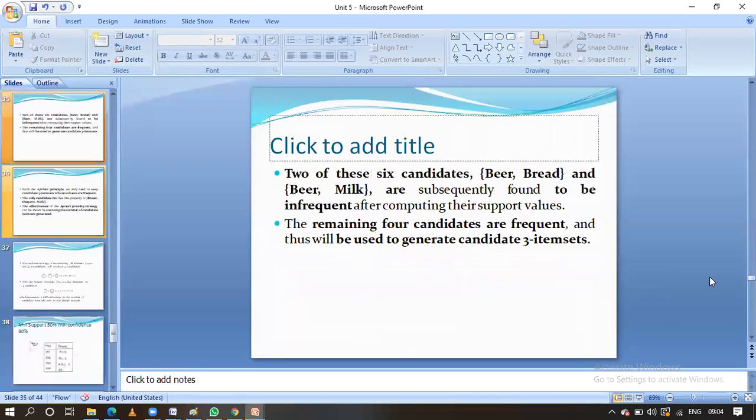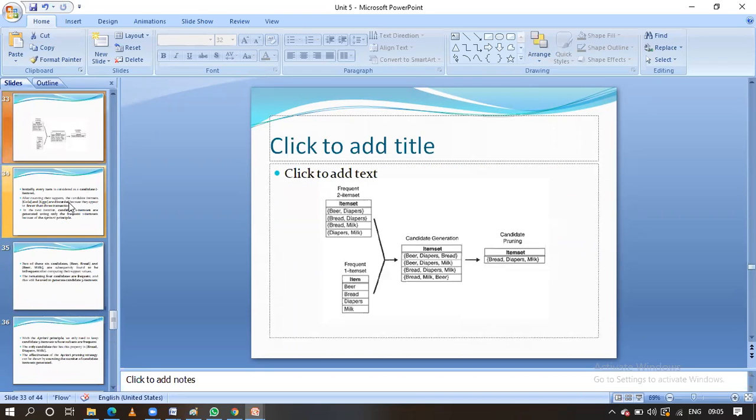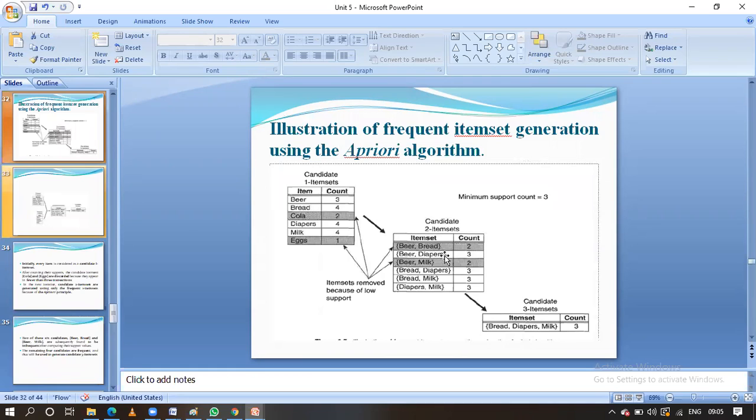The next one is here, beer and bread. In the candidate two item set, out of six item sets, beer and bread, beer and milk are infrequent, guys. Why? Because if you observe the diagram, beer and bread and beer and milk are less than the minimum support count.